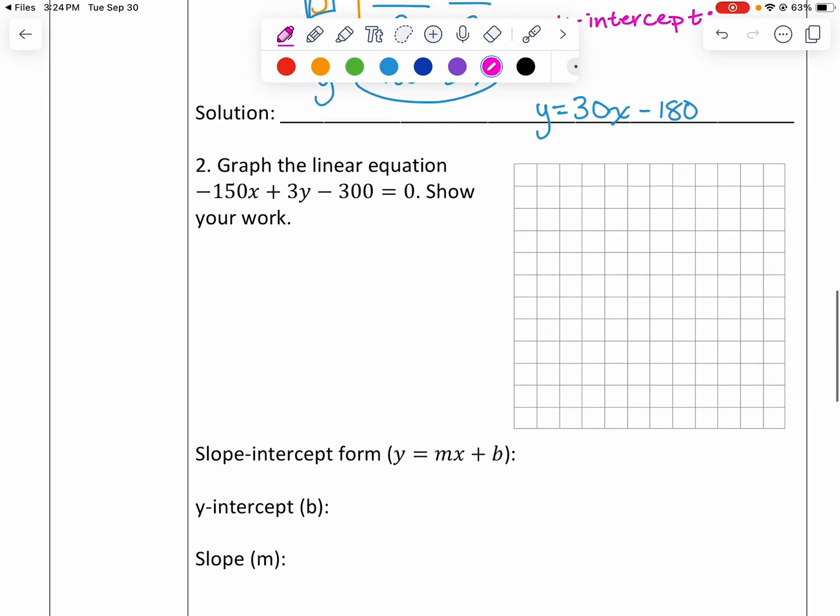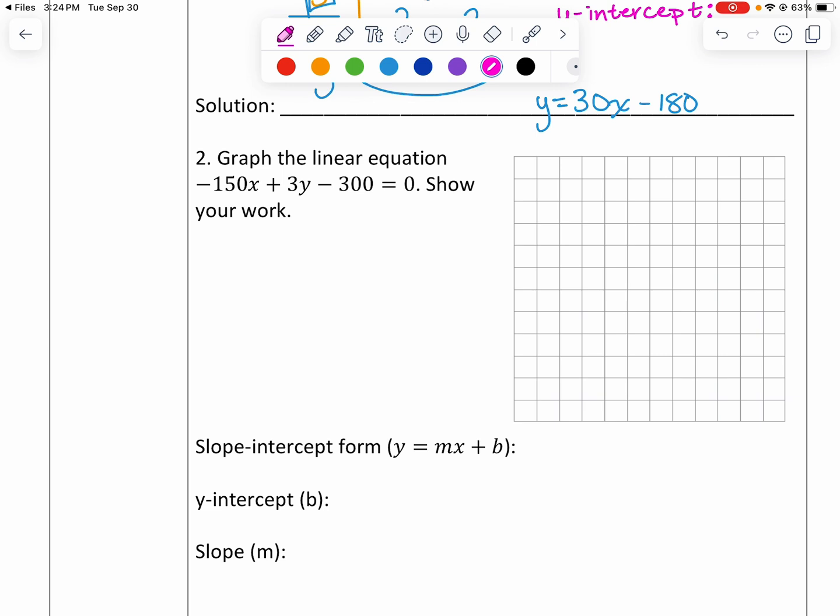All right, so number 2, same thing. It says graph the linear equation negative 150x plus 3y minus 300 equals 0. So we need to get this into slope-intercept form first. So I have negative 150x plus 3y minus 300 equals 0. Now remember, we want to get y all by itself.